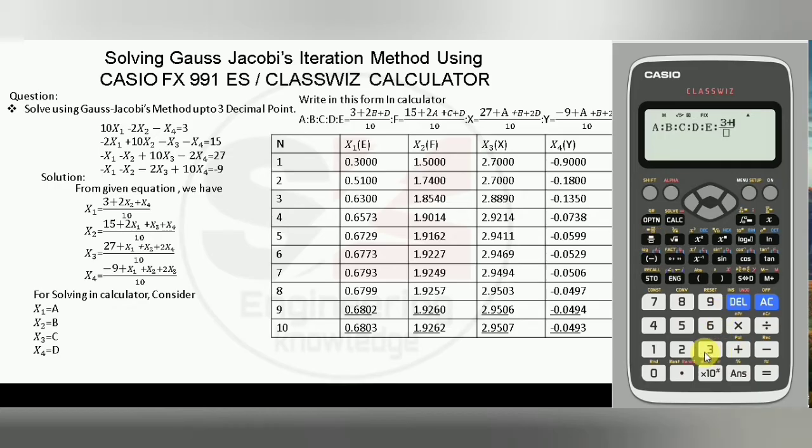Then 3 plus 2 alpha B plus alpha D over 10.